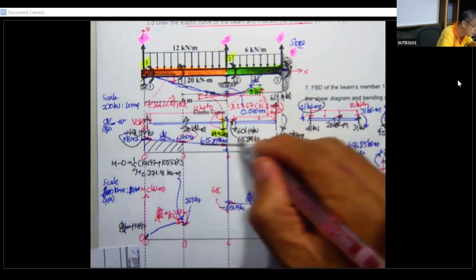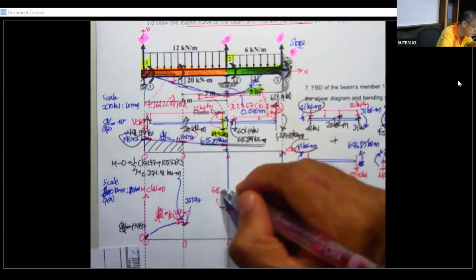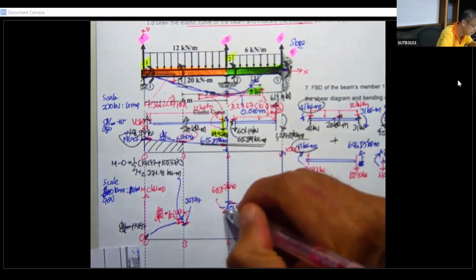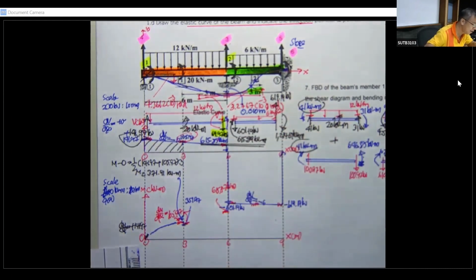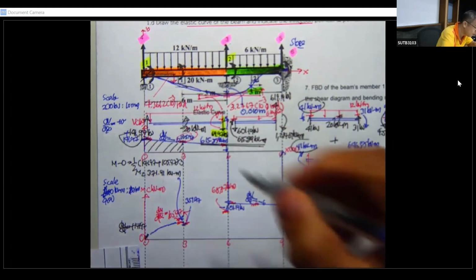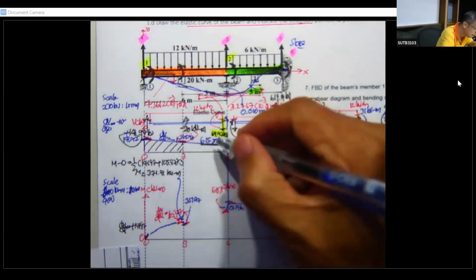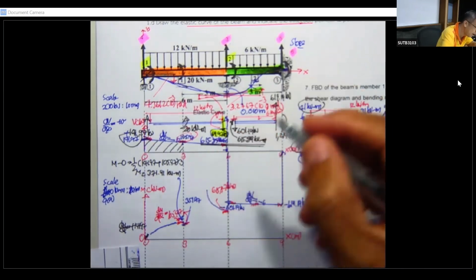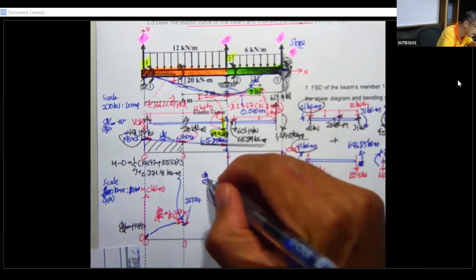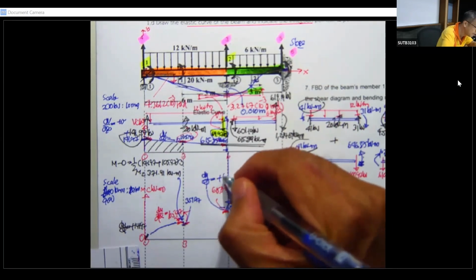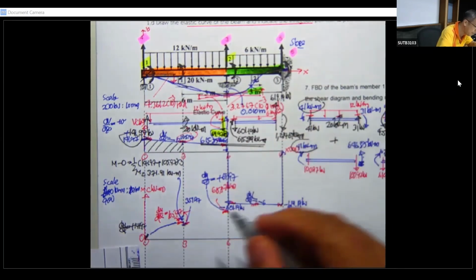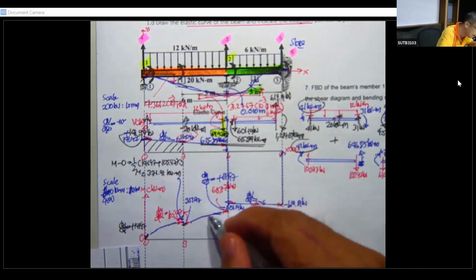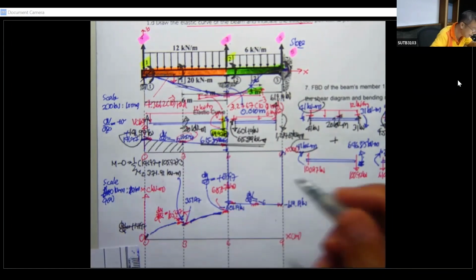If you would like to be clear, it's maybe 0.87 kilonewton meter, and the slope over here will follow the shear over here. The shear over here is 69.9. dM by dx is going to be positive 69.97, and then your curve is going to be something like this, okay, and make it as a curve.